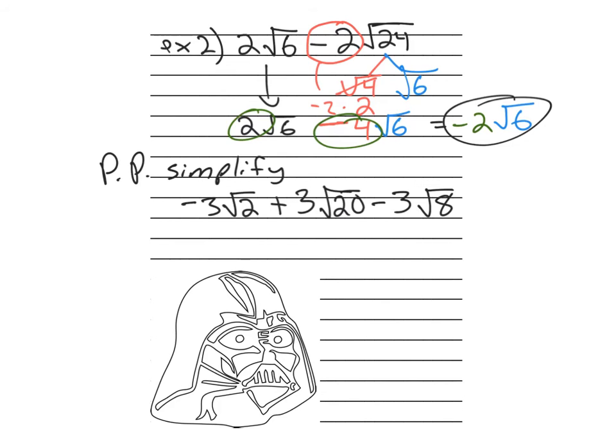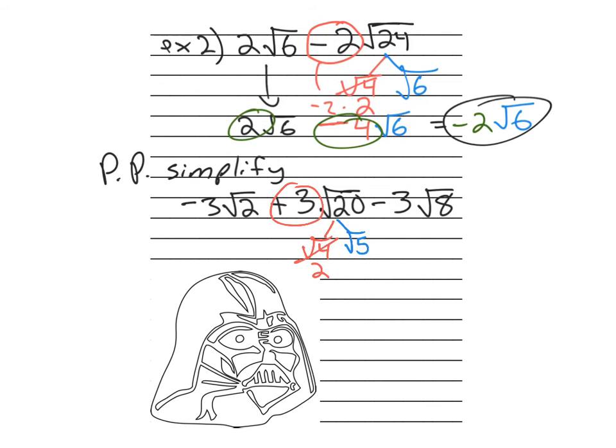All right, for this last one, the pattern one practice here, we can't simplify root 2. Okay, but now we go to the next term, we look at root 20, and there's a perfect square that fits in root 20. Once again, we're breaking down root 20 with root 4 and root 5. Our square root of 4, 2, comes out on the outside and multiplies with the 3 that's already out there.